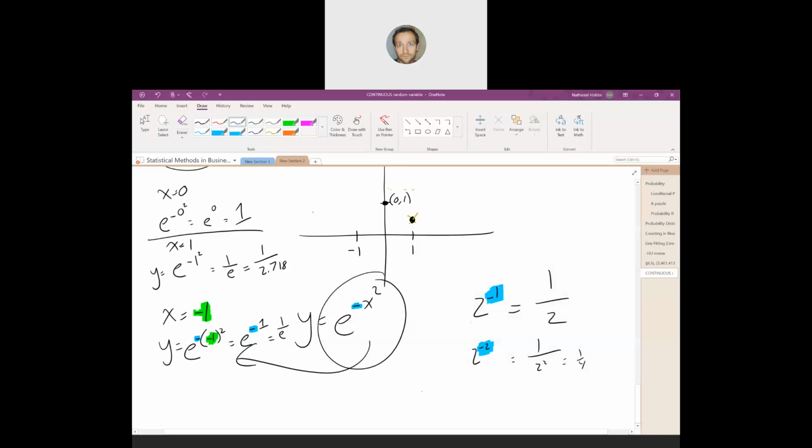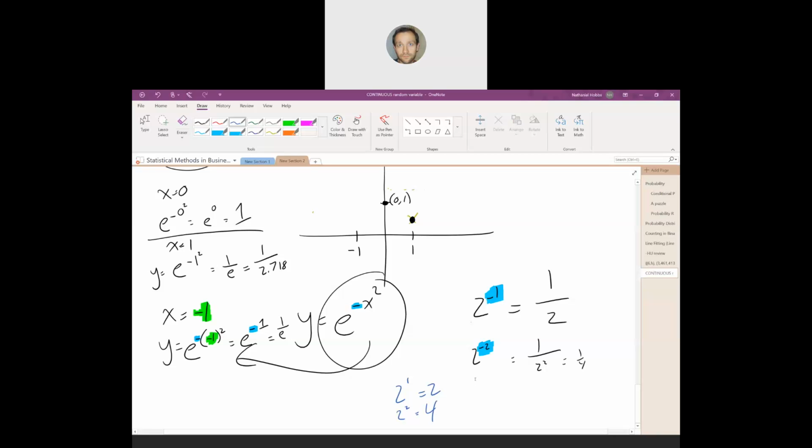Okay, 2 to the 1 is 2. Agree? All right. How about 2 to the 2? 2 squared is 4. Perfect.